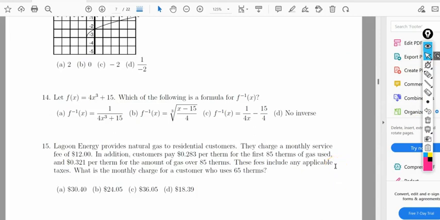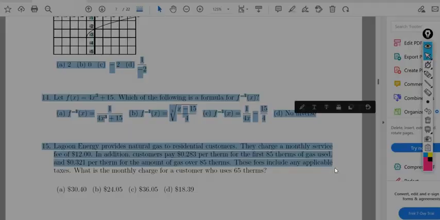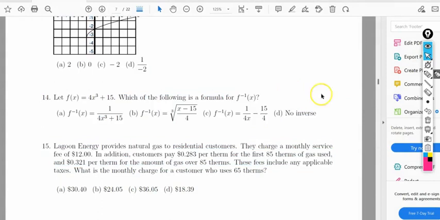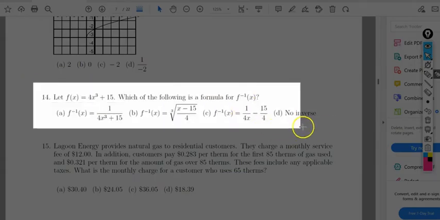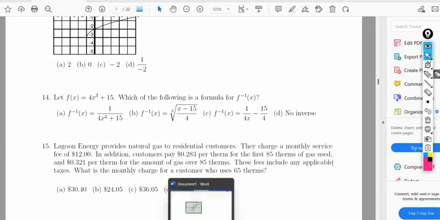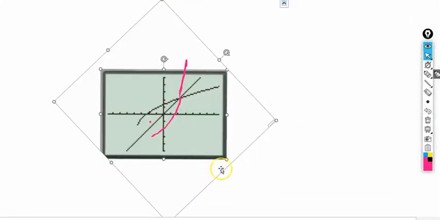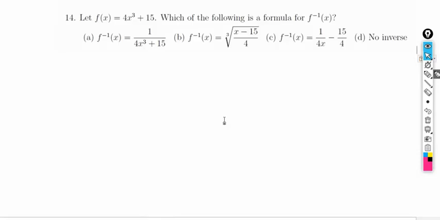All right, now we need a formula. f equals 4x cubed plus 15 is a one-to-one function because it's the cubed function, which is one-to-one.